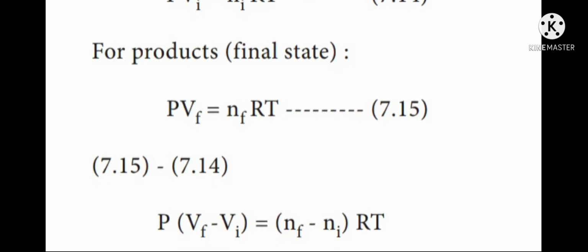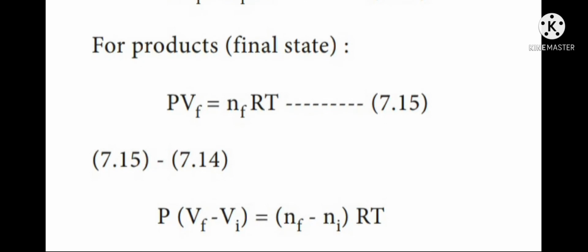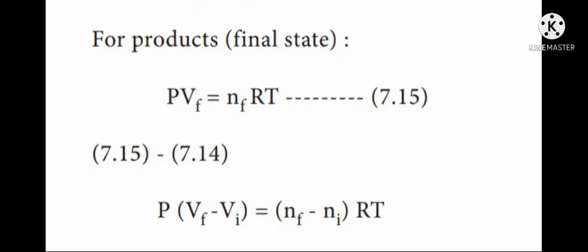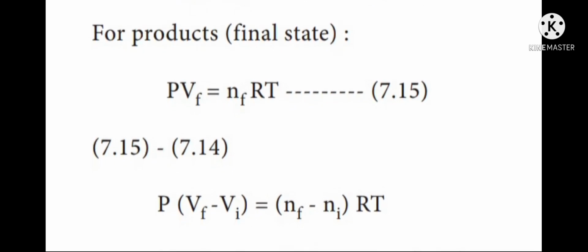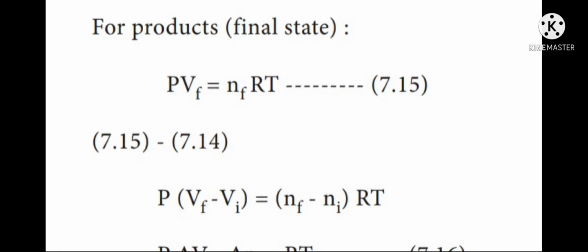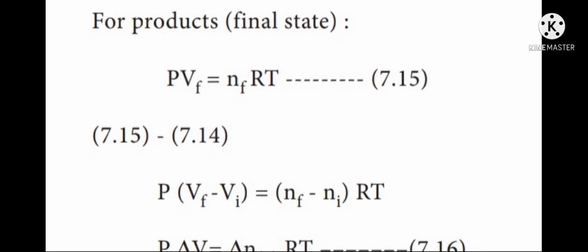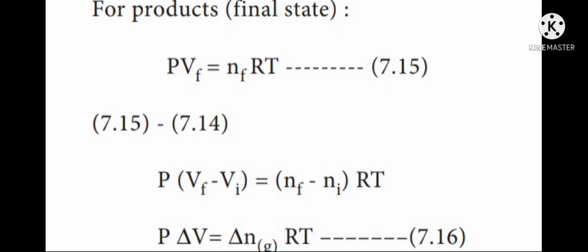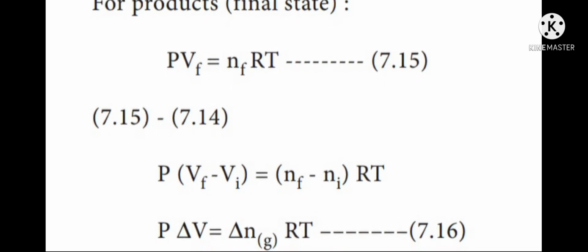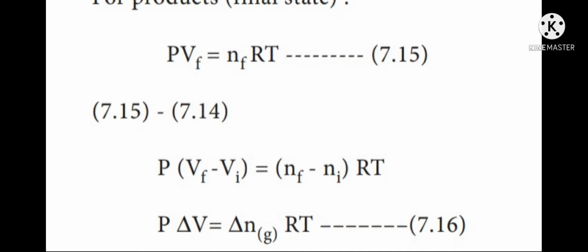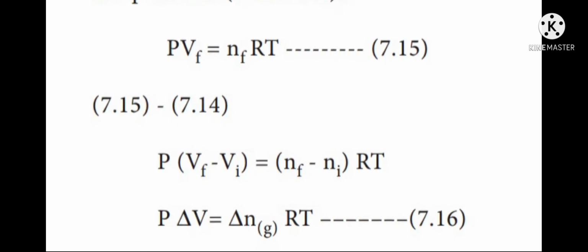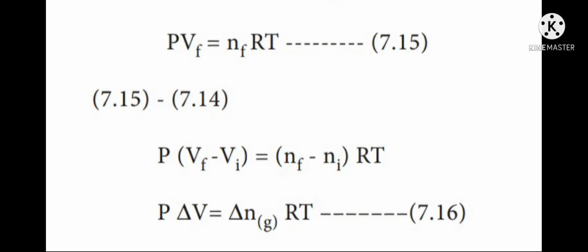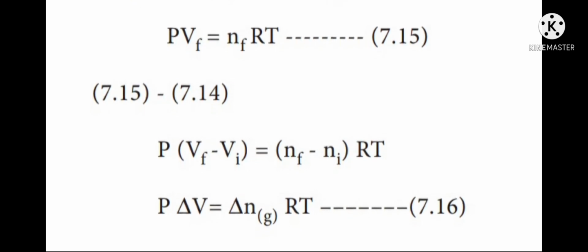Equation 7.15 minus equation 7.14. We will get PVf minus PVi is equal to Nf into RT minus Ni into RT. P into Vf minus Vi is equal to Nf minus Ni into RT.